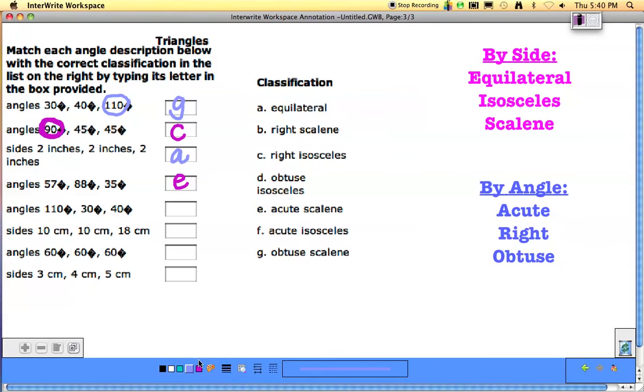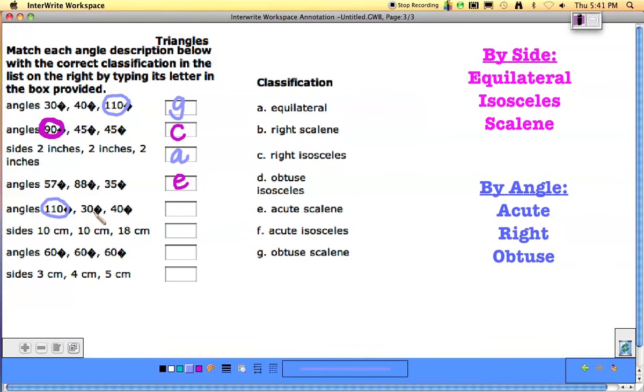All right, the next one. It says angles are 110 degrees, 30 degrees, and then 40 degrees. Automatically here, that is way bigger than acute. It's bigger than 90 degrees, which means that I'm going to be looking at an obtuse triangle. It's going to have an angle that is wider and greater than 90 degrees.